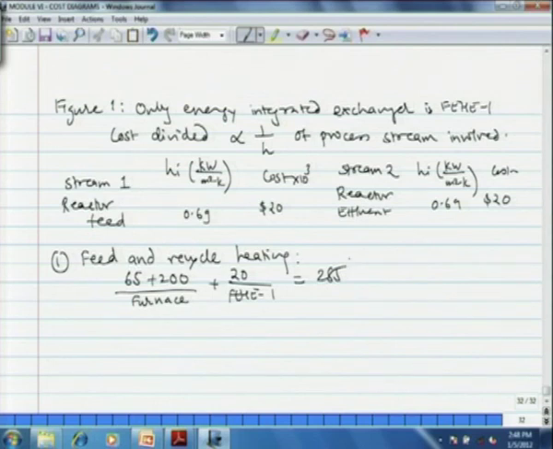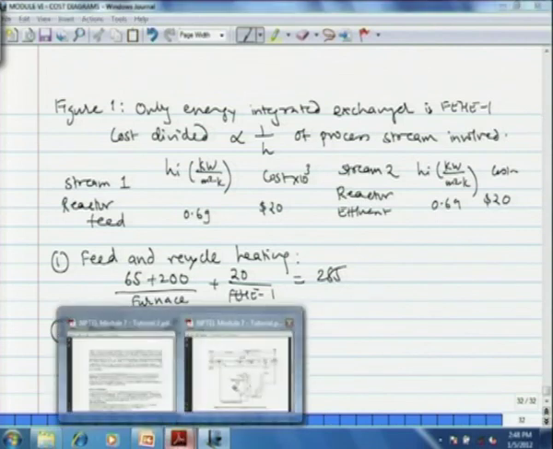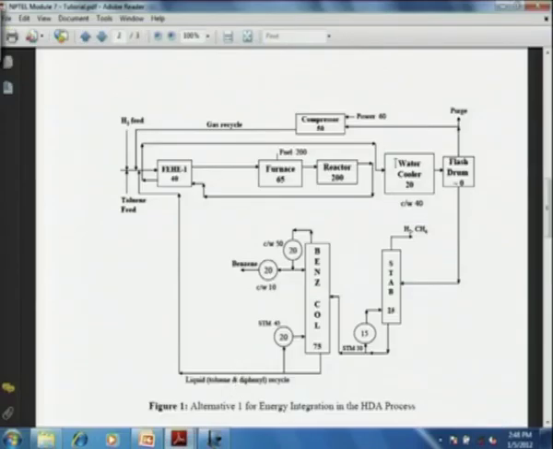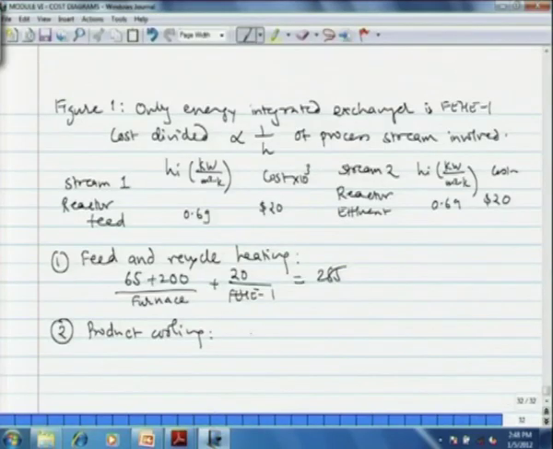Then the product cooling. Product cooling occurs through FeHe1 as well as the condenser. Condenser has annualized capital cost of $20,000 and cooling water cost of $40,000. So those two things we add. 20 plus 40 for water cooler plus the portion of FeHe1, and then the total is 80.